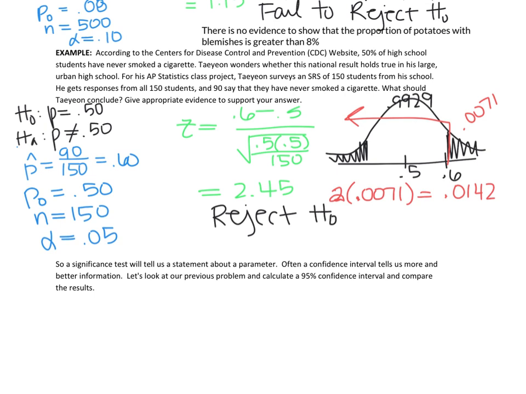So when we're writing our statement, there is evidence to show the proportion of students who have never smoked a cigarette is not 50%. And whether that is greater than 50%, less than 50%, we don't know, but in Taeyeon's high school, it is not 50%.